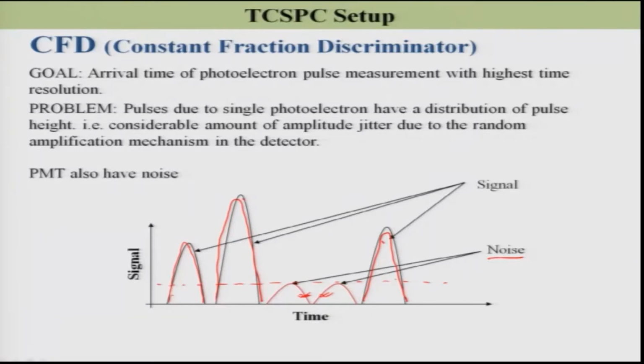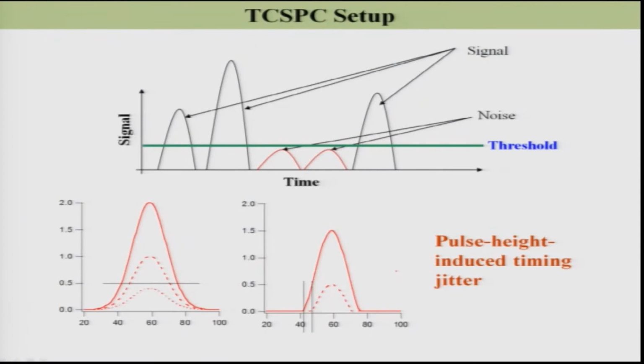Now, you see that when I put this kind of threshold over here, and I am just showing it by a Gaussian type of pulse, I am now putting this threshold over here. So, on this axis, this is the start time of the big signal, and this is the start time of the small signal.